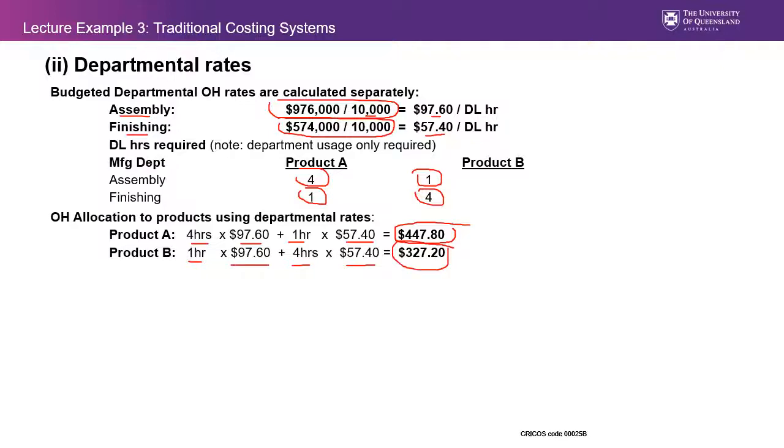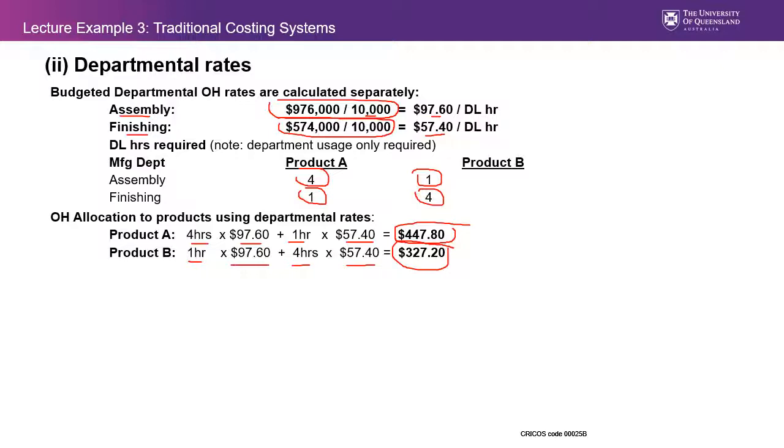So here, using the more refined system where we have two cost pools, one for assembly and one for finishing, we actually get a more accurate allocation of overhead that reflects the product's use of that particular department.